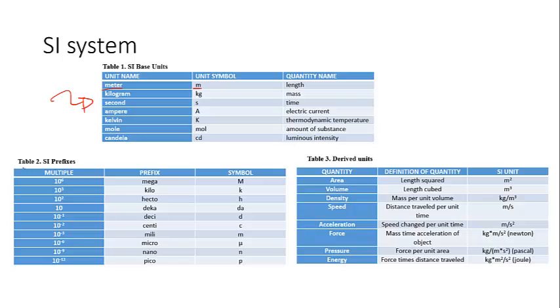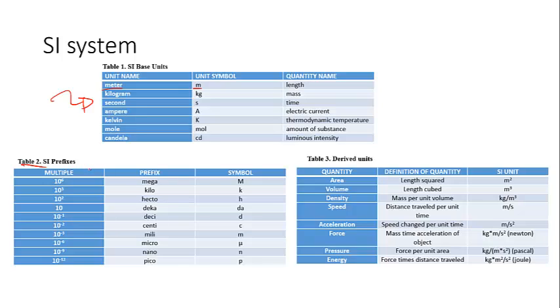SI prefixes, as indicated by Table 2, are used to indicate the power of 10. And when an SI base unit is combined with the appropriate SI prefix, one can express any type of measurement. So, like the SI base units, you need to memorize the SI prefixes.